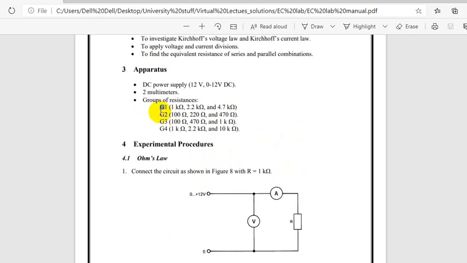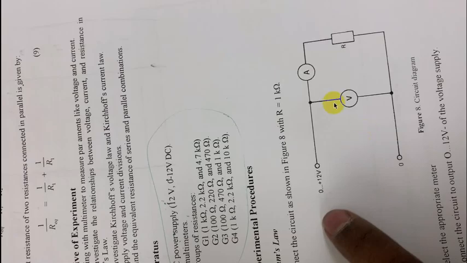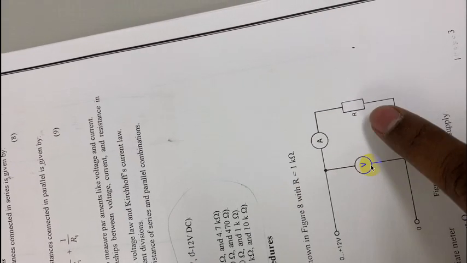Here group 1 resistance is 1 kilo, 2.2 and 4.7. The circuit is connected as shown in the figure with R equal to 1 kilo ohm. I will show you the circuit here, how we have connected it. This is the same circuit: voltage, ammeter and the resistor.